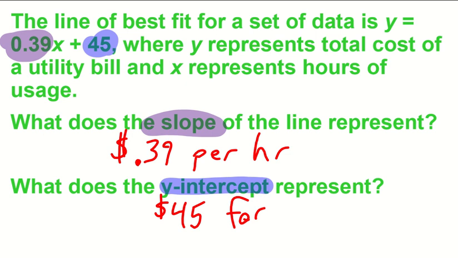How many hours for the y-intercept? What's the x value for a y-intercept? 45 is the y value. If I were to write that as an ordered pair, what would my x value be for the y-intercept? I'd have to have something.